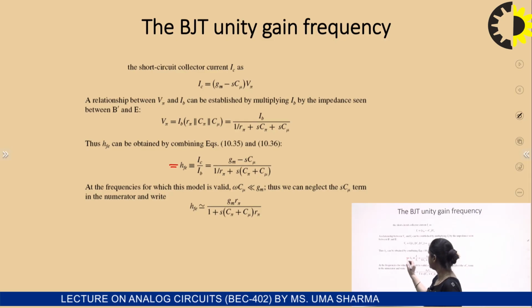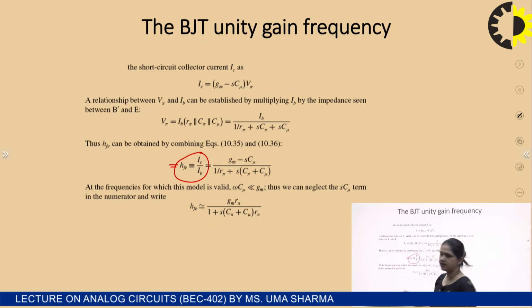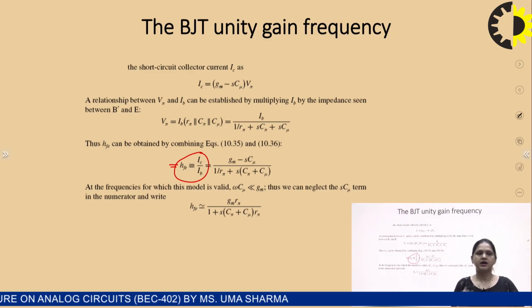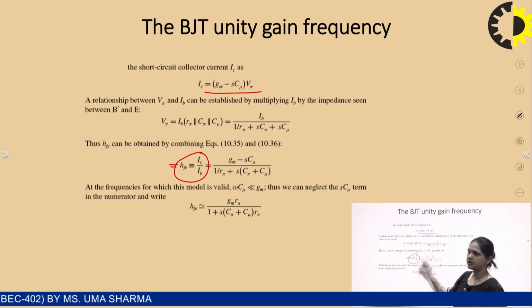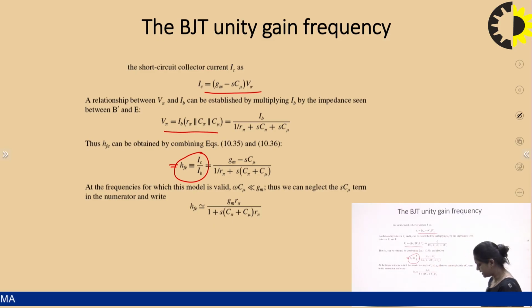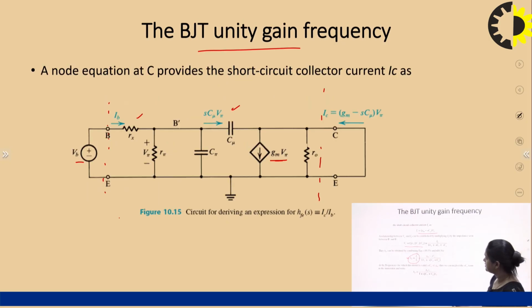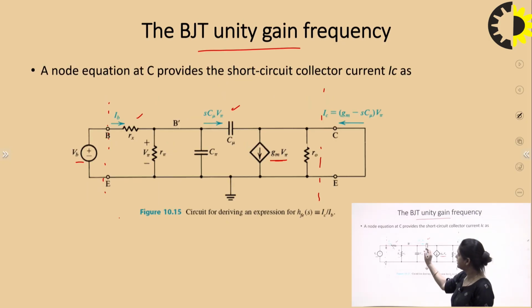When we compare this current gain with unity, at that time the frequency is known as the unity gain frequency. So for that we have done the calculation. IC is GM minus SC mu times V pi. V pi, you can see what it is: these are all in parallel.